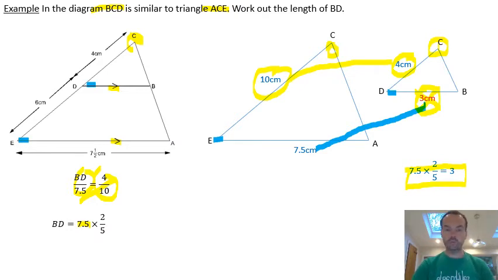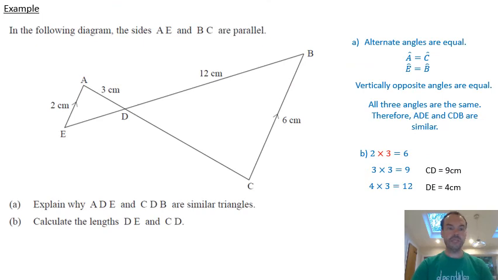So a good way of doing it is to form this equation here by pairing up the relevant sides, okay? Form that equation. So in this one here, AE and BC are parallel.